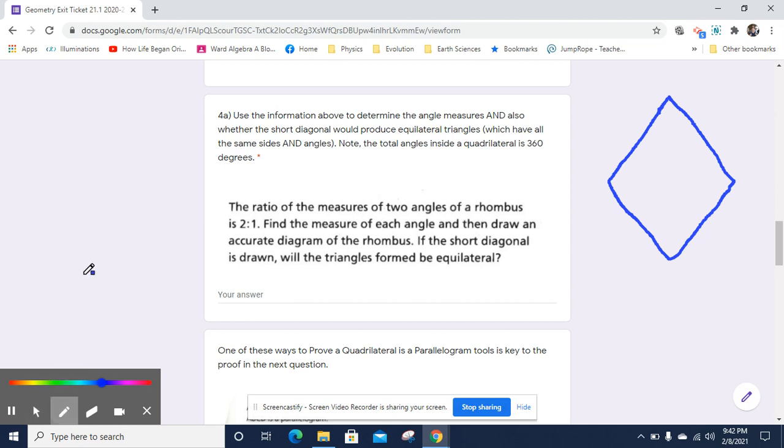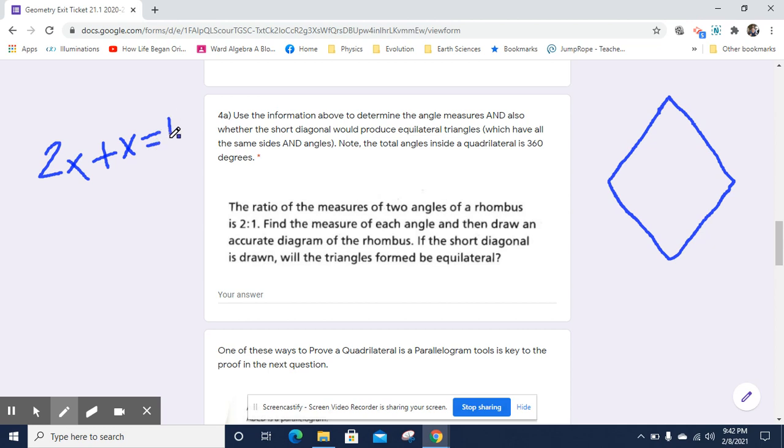So we know then that 2x plus x equals 180. We just got to figure out what x is. Well, that's 3x equals 180.